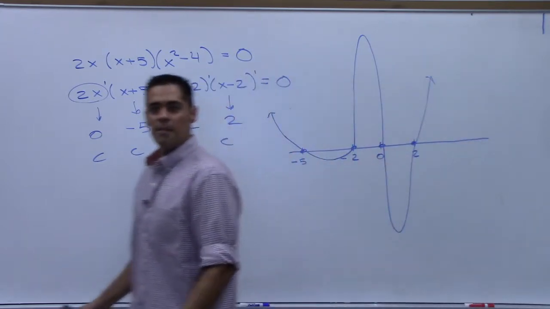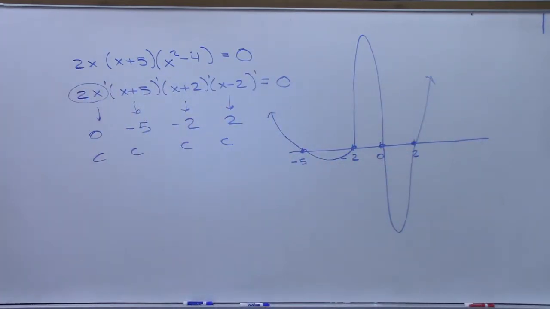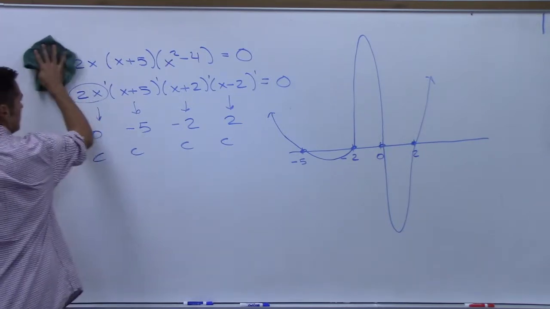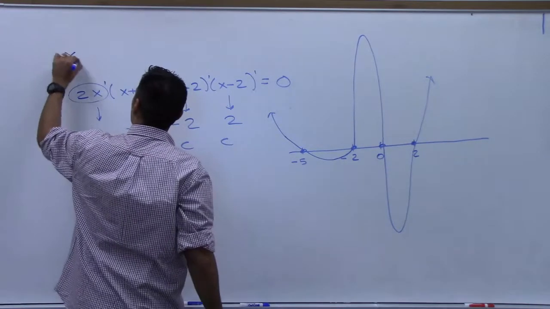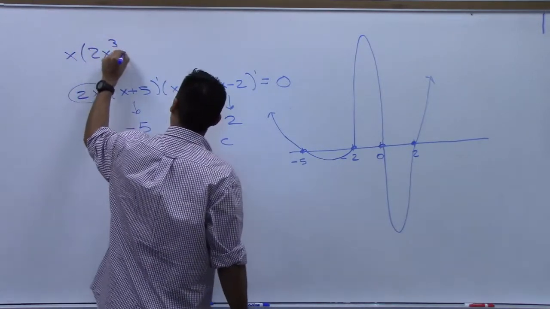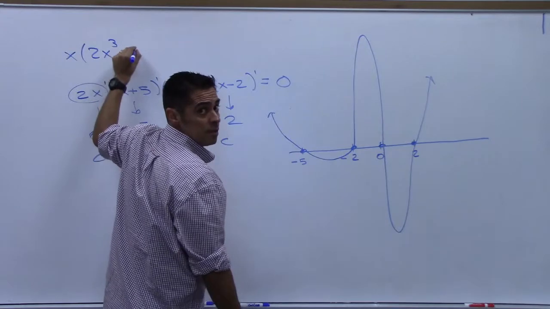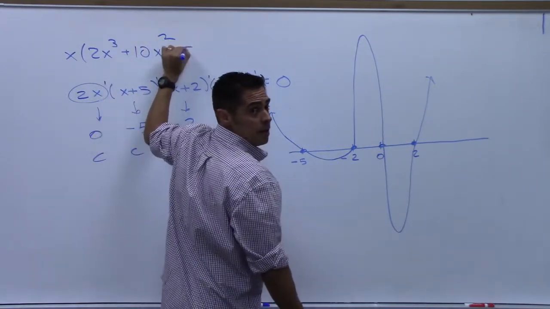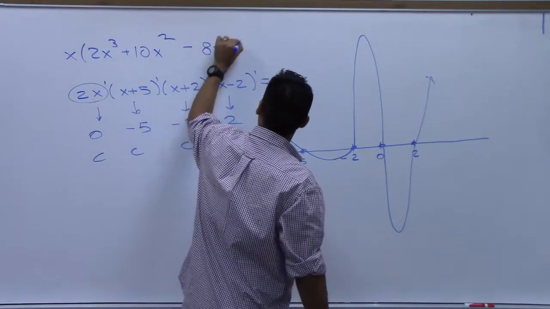All right. Now you want to see with just the x out? Yeah. Just x. So the only difference would be, pull x. We get 2x cubed plus 10x squared minus 8x minus 40.